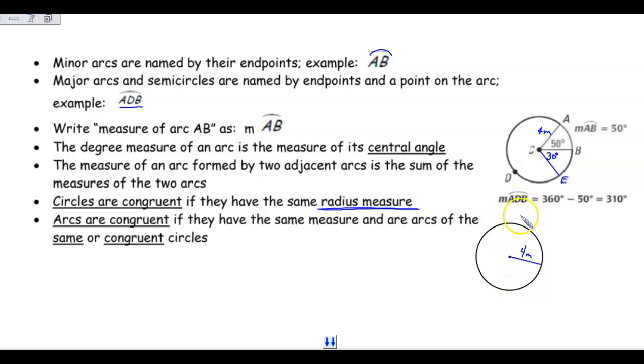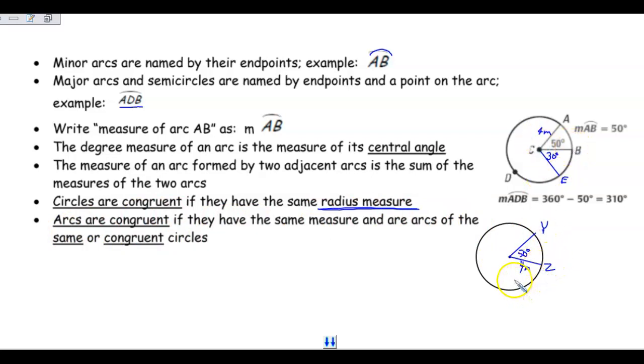So if I had Y and Z, and let's get rid of that 4 meters, move it out of the way, and said that this was 50 degrees and that it had a 4 meter radius, then I'm saying that these arcs are congruent because it's 50 degrees and it has the same size radius.